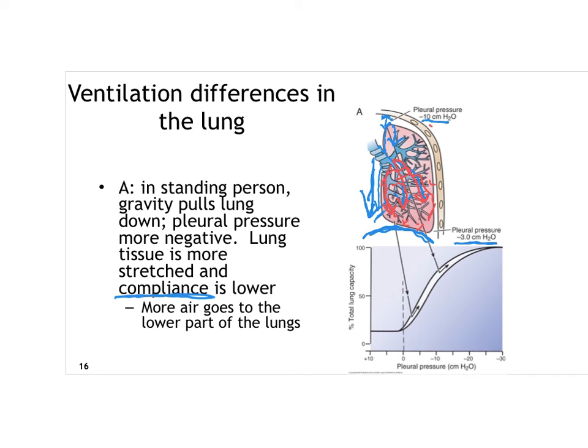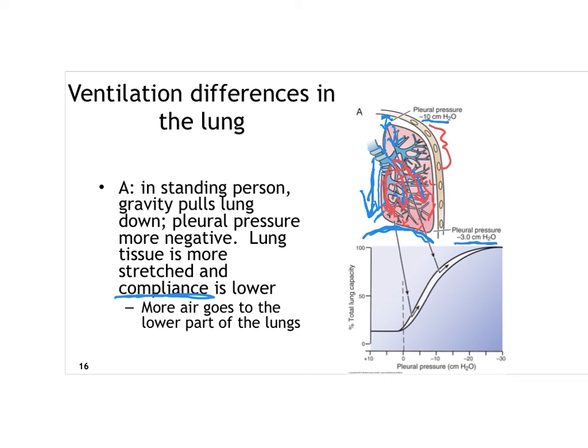The top part of this lung here is non-compliant because it's stretched by gravity. It's pulled down, it's stretched. So I can't distend it much more. I don't care how much suction I put outside of that, I can't increase the amount of air movement that's going to go in there to fill those alveoli. Now, it's not a complete collapse of them. If it were, they'd be atelectatic lungs.